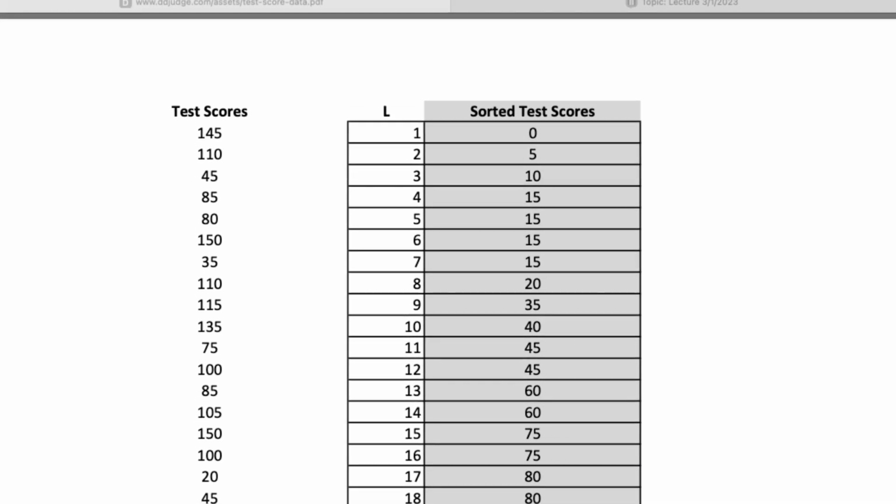To the right, what is that column called in gray? The sorted test scores. What do you think sorted means? Sorted how? Smallest to largest. Does that make sense?